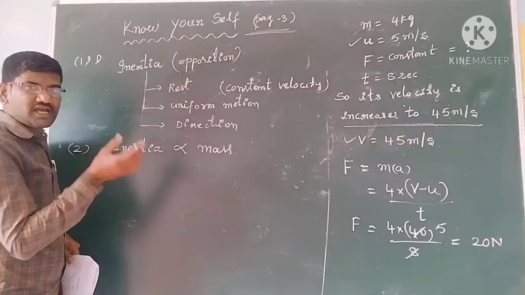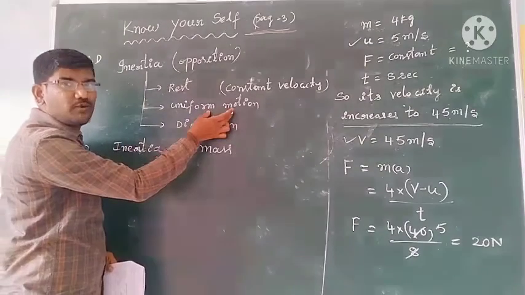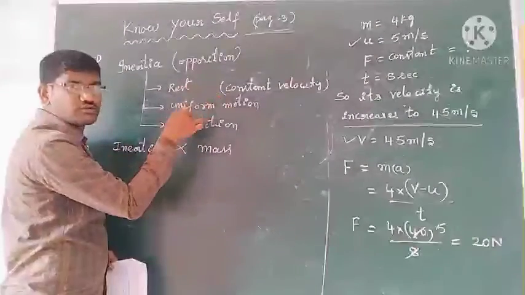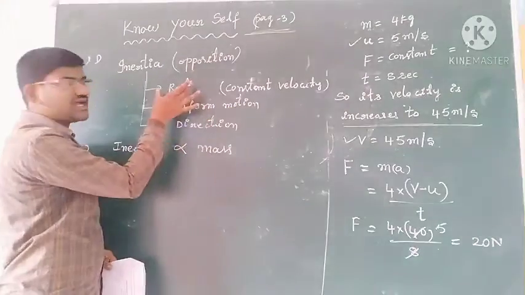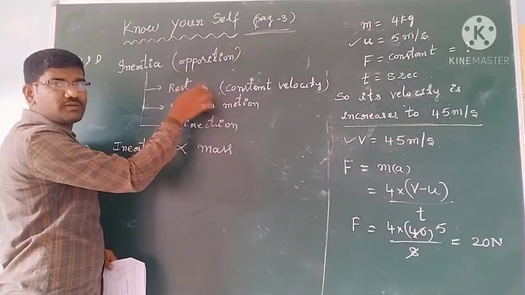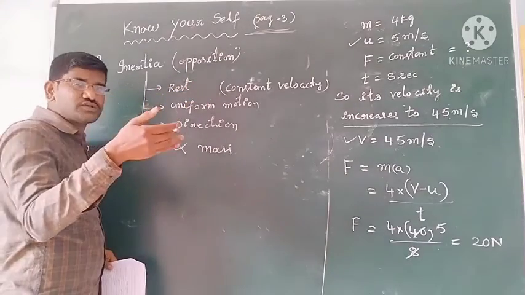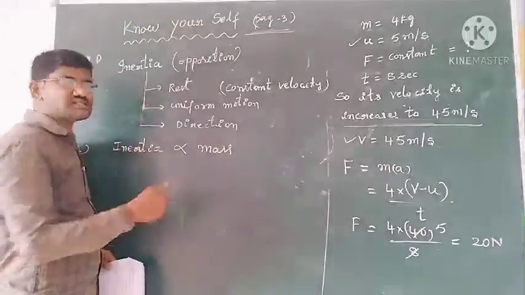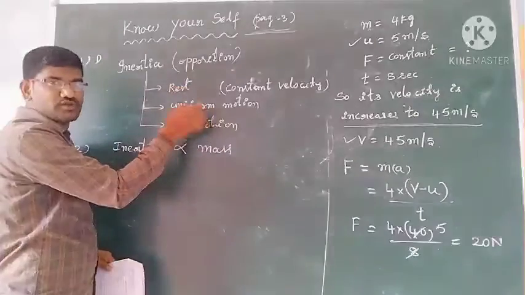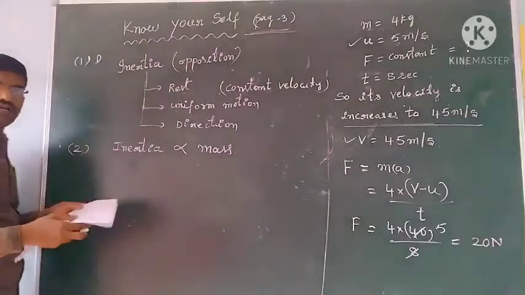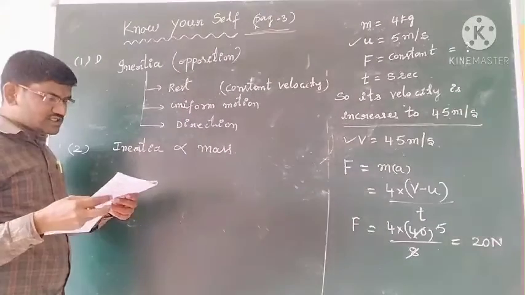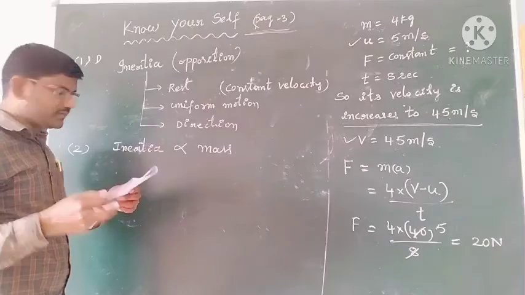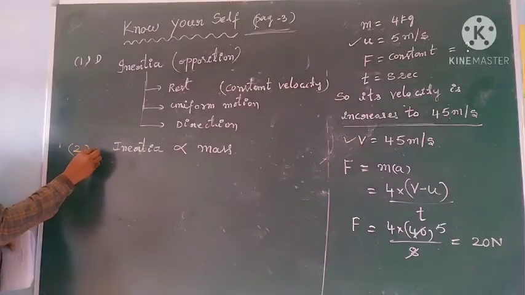If an object has more mass, you should apply more force to bring it from uniform motion to rest. Or if an object has greater mass, to bring it from rest to motion, we should apply greater force. Up to greater force, it opposes coming from rest to motion. So that's why inertia directly depends on mass. So second option will be Bombay.